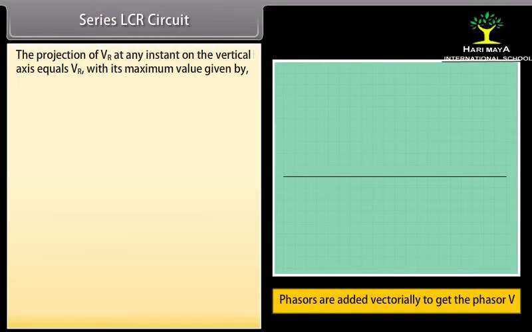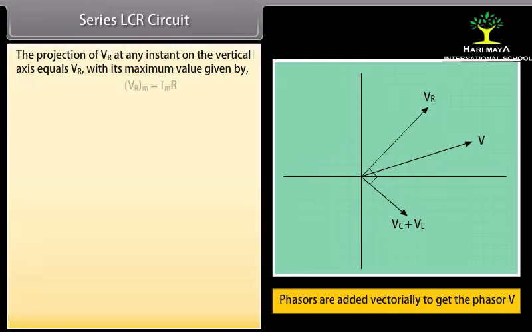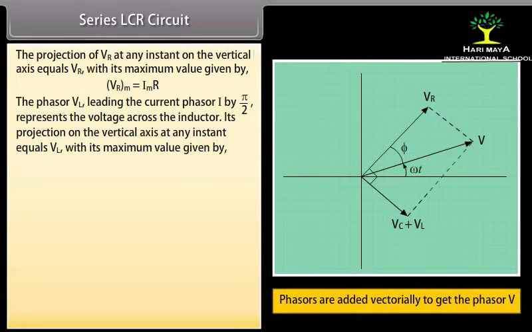The projection of VR at any instant on the vertical axis equals VR with its maximum value given by the product of Im and R. The phasor VL leading the current phasor I by pi by 2 represents the voltage across the inductor.